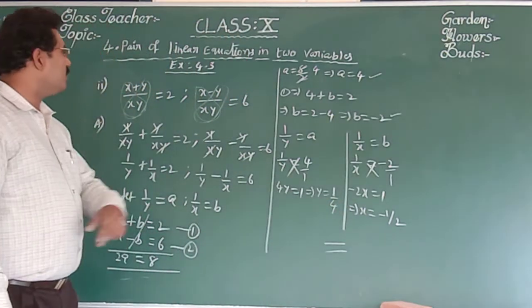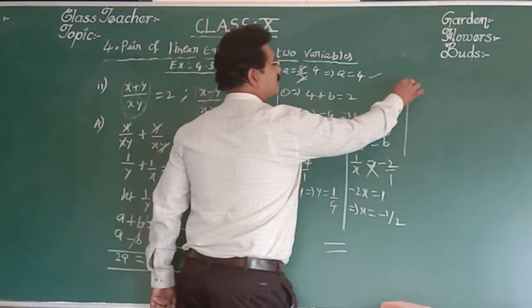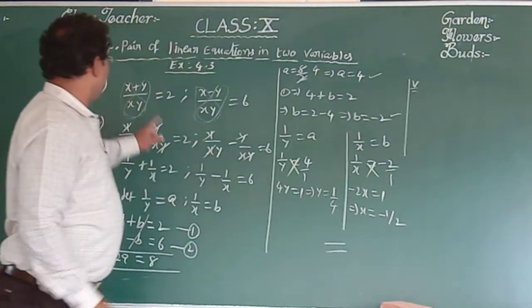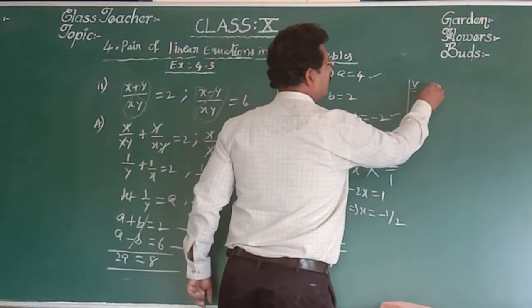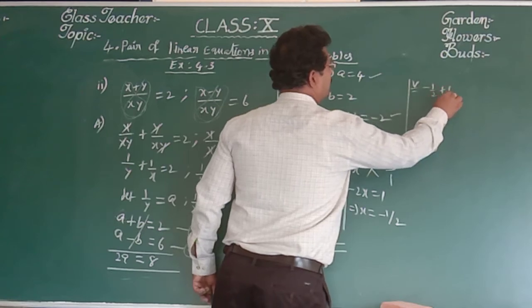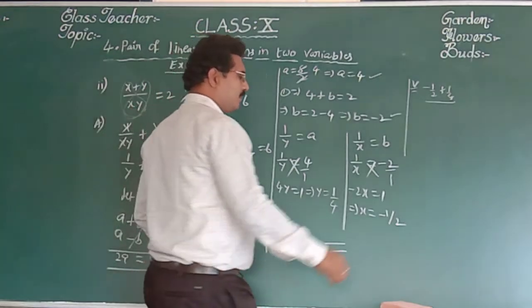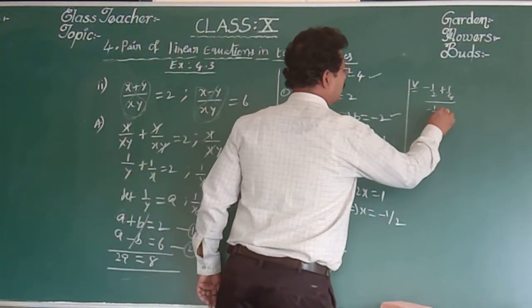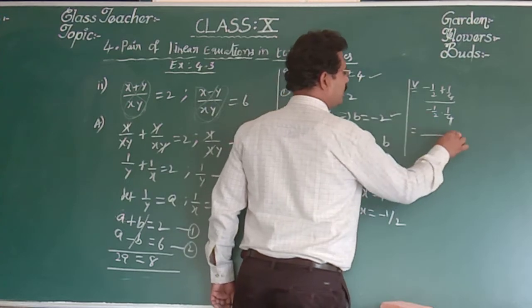This again it is easy to verify. See the problem. Verification. x plus y, that is minus 1 by 2 plus 1 by 4, divided by xy, minus 1 by 2 into 1 by 4. Now, what is the LCM of the numerator?